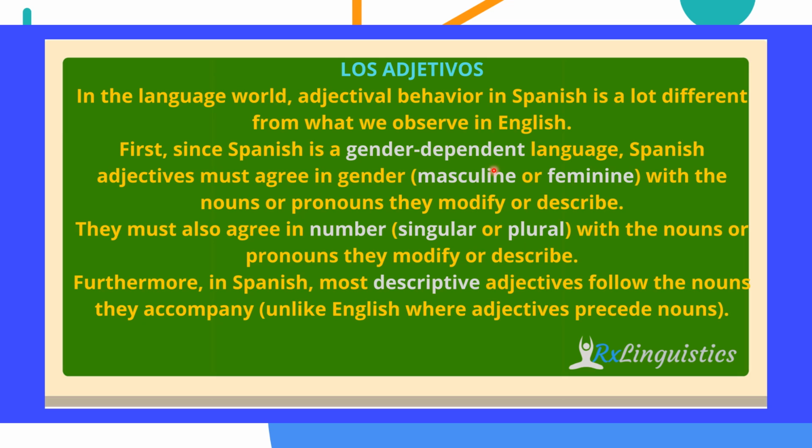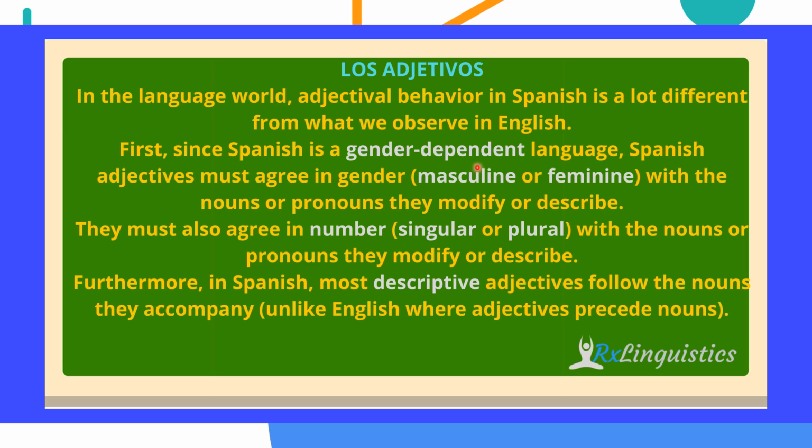But in Spanish, there is grammatical gender that makes nouns take on a masculine or feminine article, and depending on that, the adjectives also must be either masculine or feminine. But those two characteristics of gender and number are general to all adjectives in Spanish.